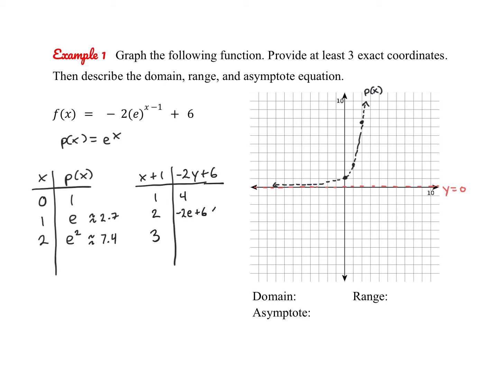So it's approximately 0.6. And then here we would say -2e squared plus 6. And again, you could plug that into your calculator. And we would get approximately -8.8.